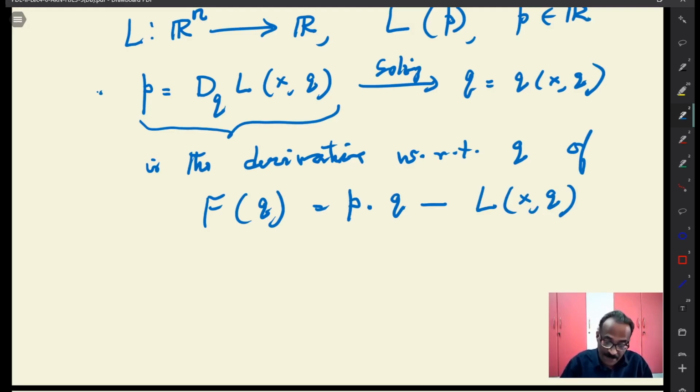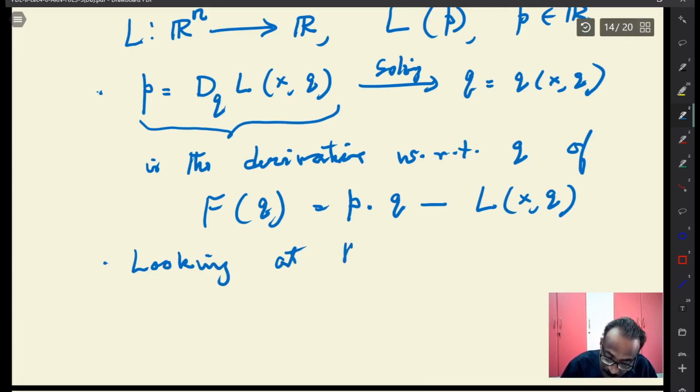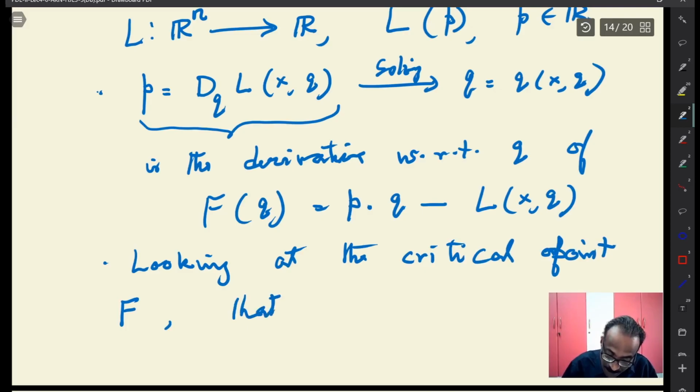P is the derivative, so you have P minus dQ of L is equal to 0. That means we are looking at the critical point of F, that is F prime of Q is equal to 0. That's your exact solvability.